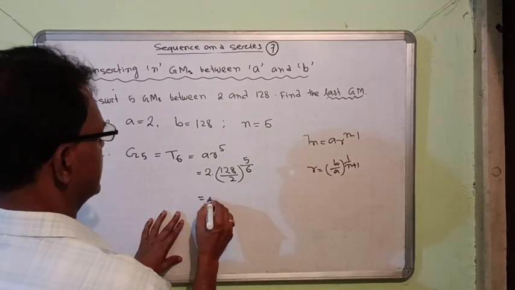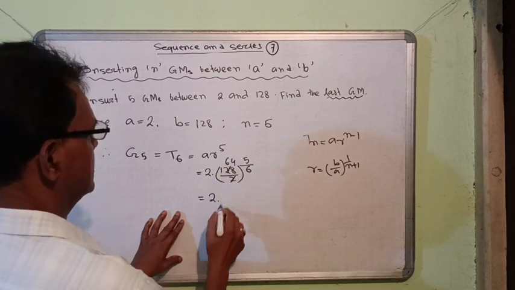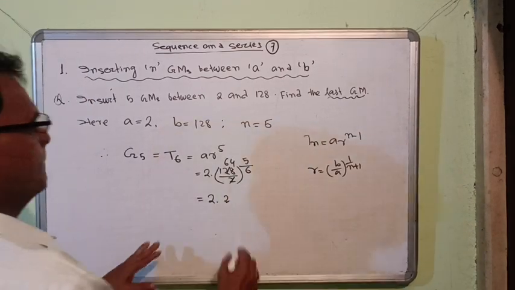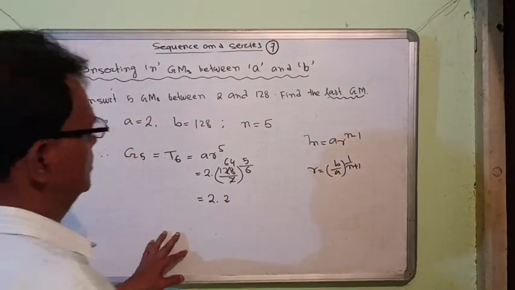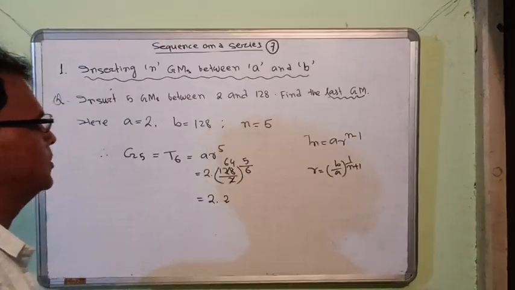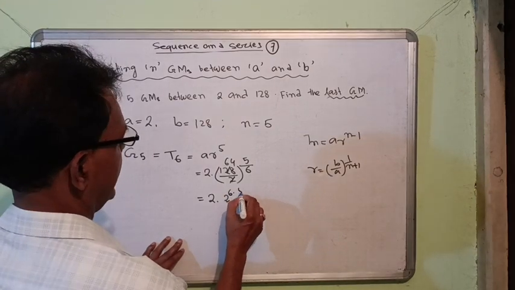Therefore we get 2 into (64) to the power 1 by 6. 2, 4, 8, 16, 32, 64, that is 2 to the power 6.